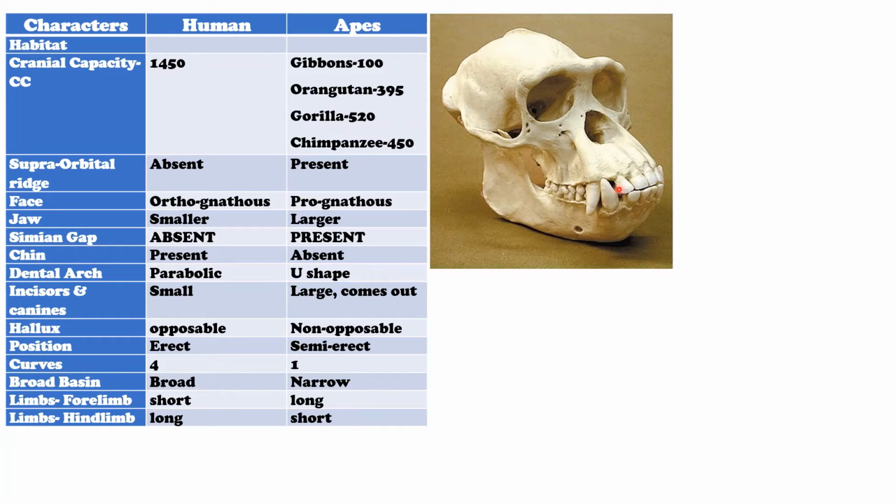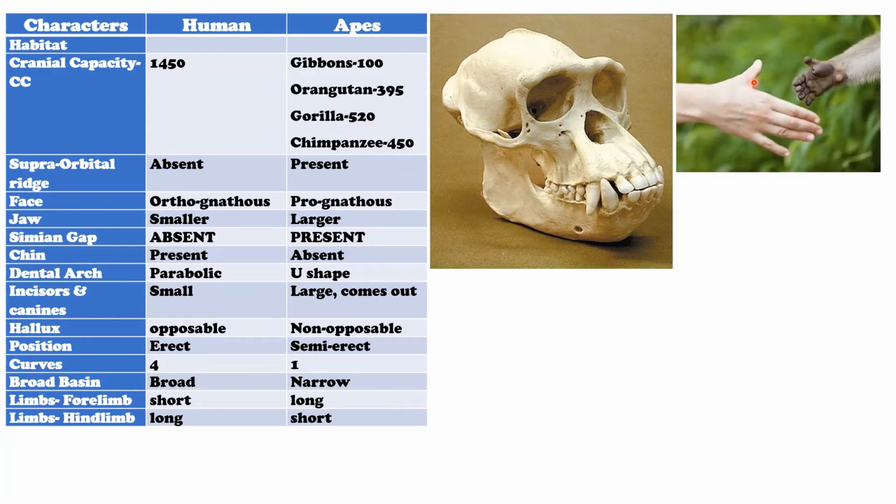The incisors and canines are small in humans and larger in apes. If you see the hallux of the hand, the thumb of the hand is called the hallux. It is opposable in humans, which is not opposable in apes.